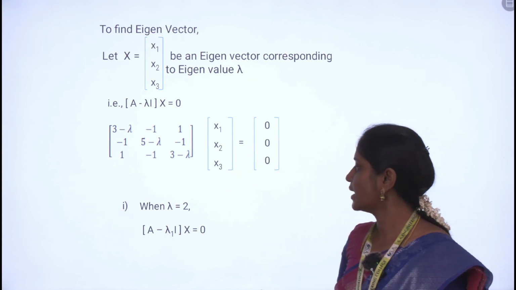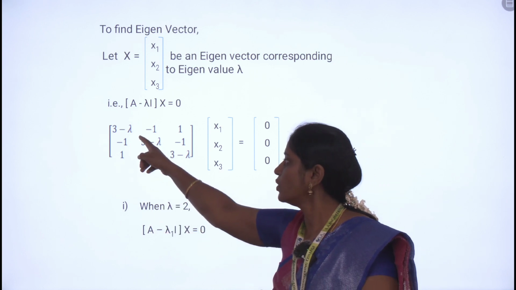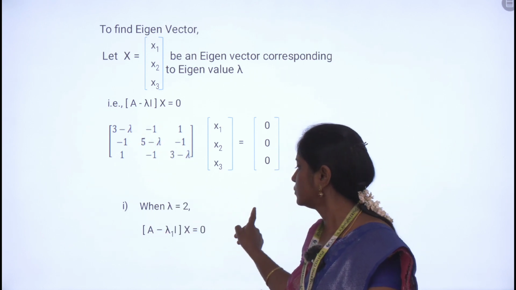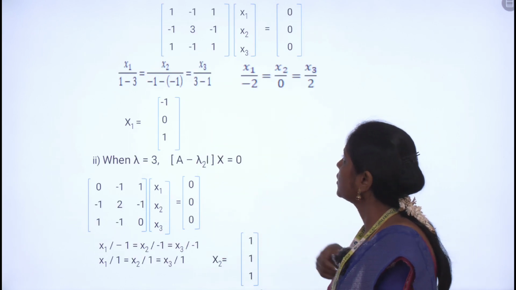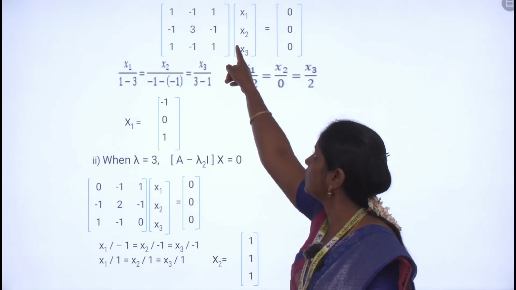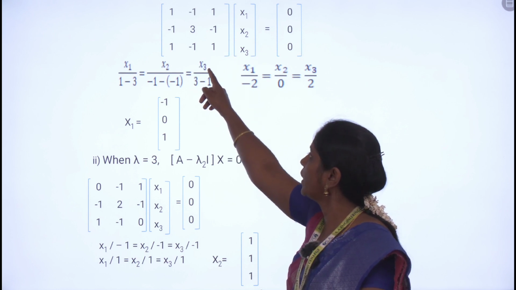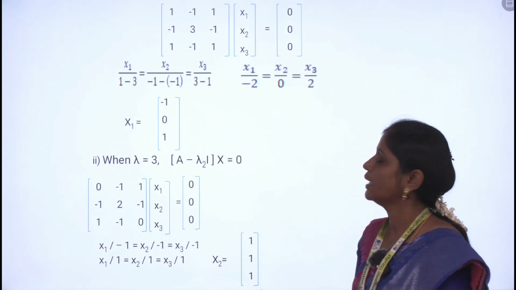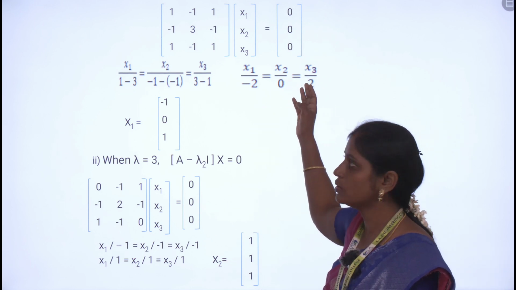We take the first eigenvalue, lambda equal to 2. Substituting lambda equal to 2, we get [1, -1, 1; -1, 3, -1; 1, -1, 1] into x1, x2, x3 equal to 0, 0, 0.